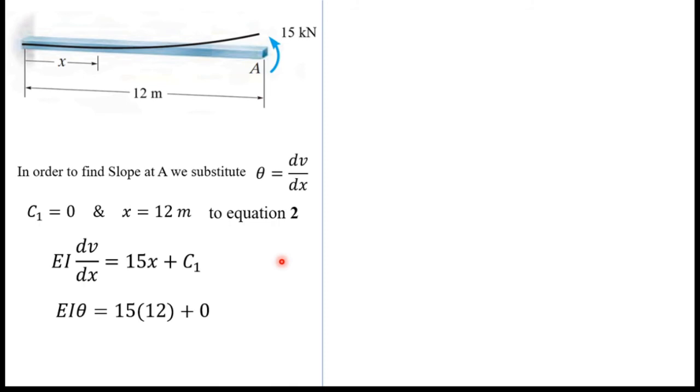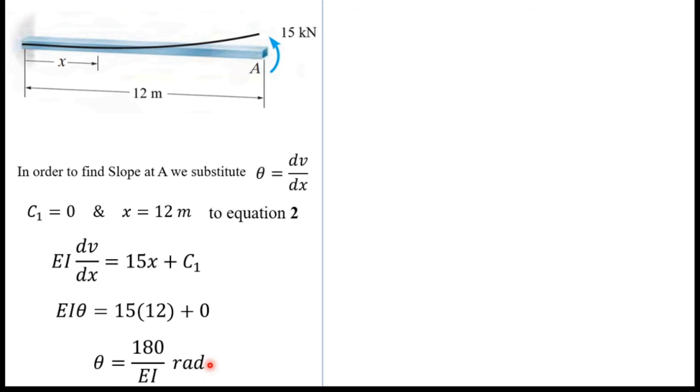If I substitute this, I will have EI times theta equals 15 times 12, which is this value, plus 0, which is c1. c1 equals 0. So if I simplify this, I have 180 over EI. Please keep in mind these are the units.